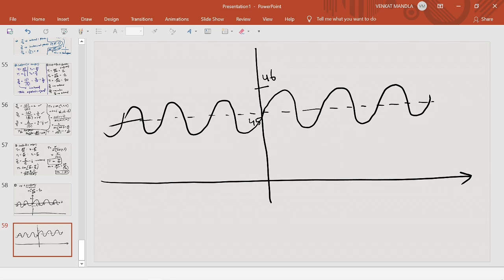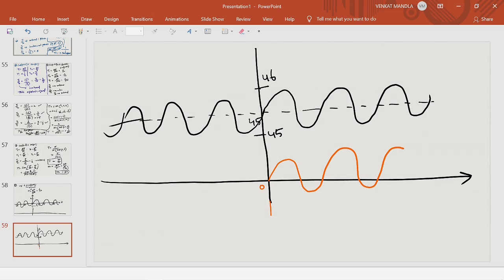This is 46, this is 45, 45 plus 1, 45 minus 1. Initially it is repeating on the 0 line, but here it is repeating on the 45 line.